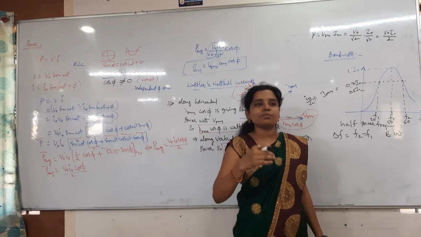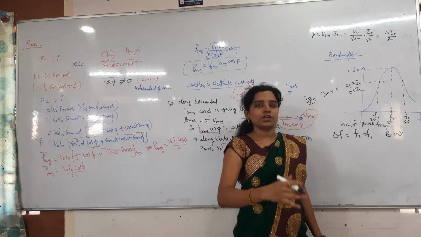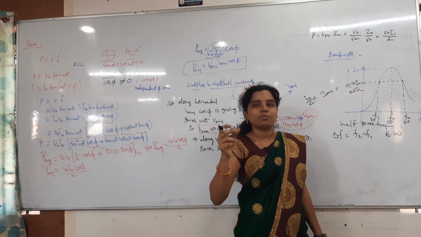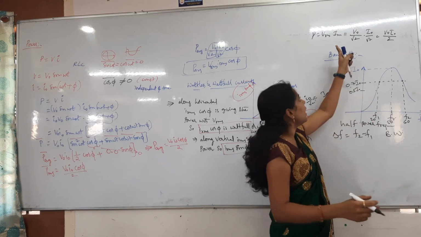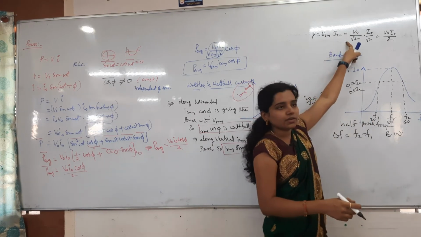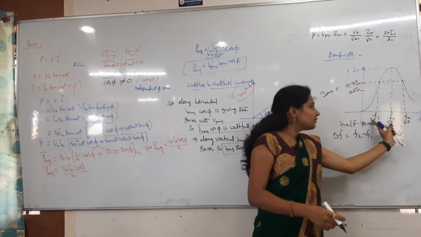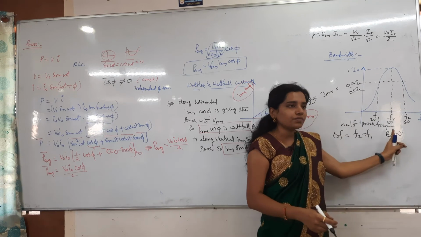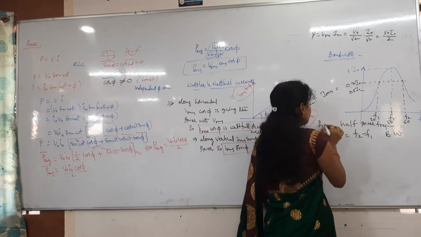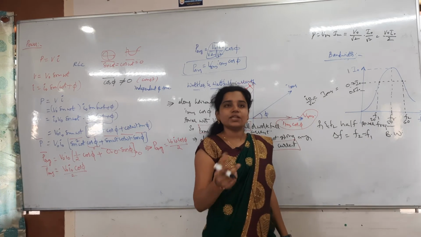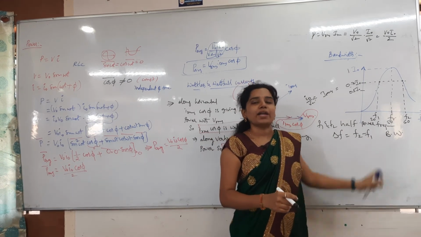So VRMS into IRMS, nothing but V naught by root 2 into I naught by root 2, gives you V naught I naught by 2. I have to get V into I, but how much am I getting here? V into I by 2. So at these frequencies I am getting the power as half. So only this F1 and F2 are known as half power frequencies. The difference between them is known as the bandwidth here.